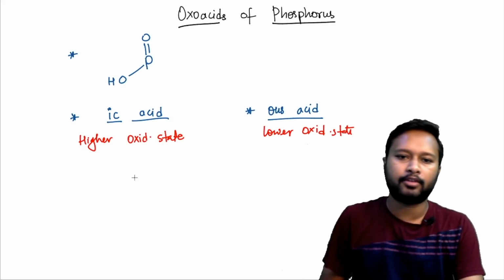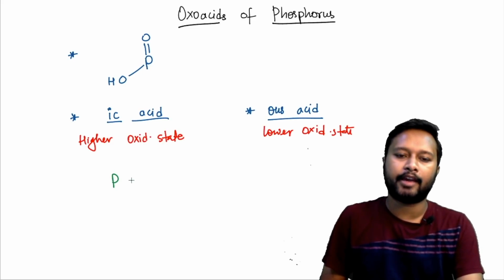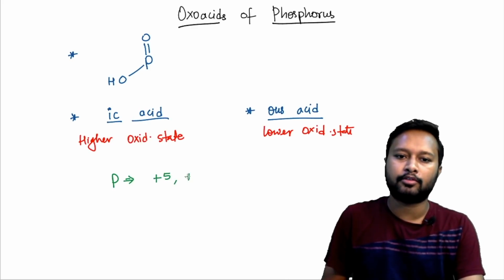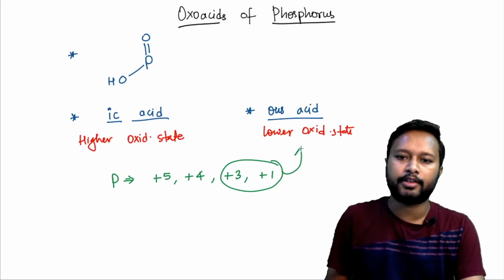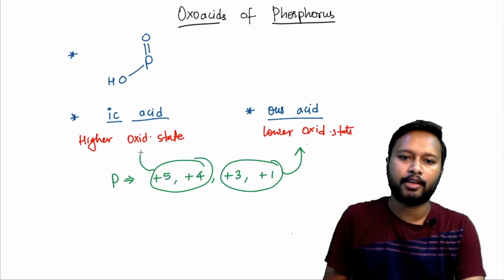Now you know that the highest oxidation state of phosphorus can be +5, it also shows +4, +3, and +1. So these are the lower oxidation states and these are your higher oxidation states.